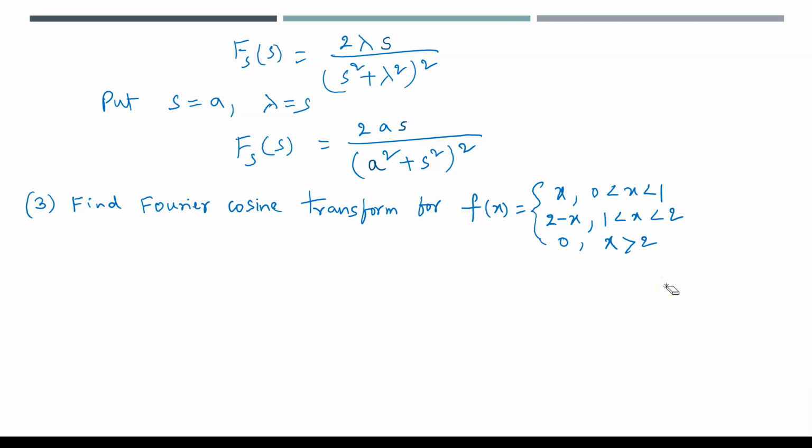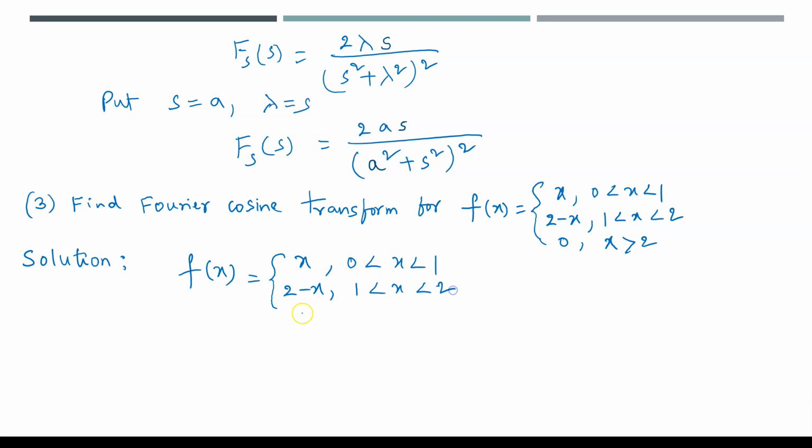Now let us write the formula of Fourier cosine transform. So here we can write this function again: x in the interval 0 to 1, 2 minus x in the interval 1 to 2 and 0 in the interval 2 to infinity.